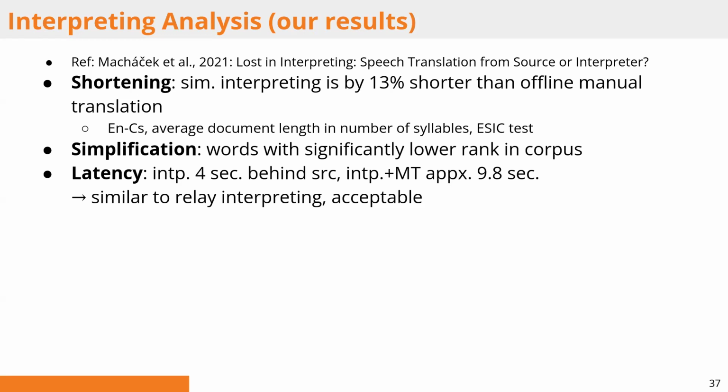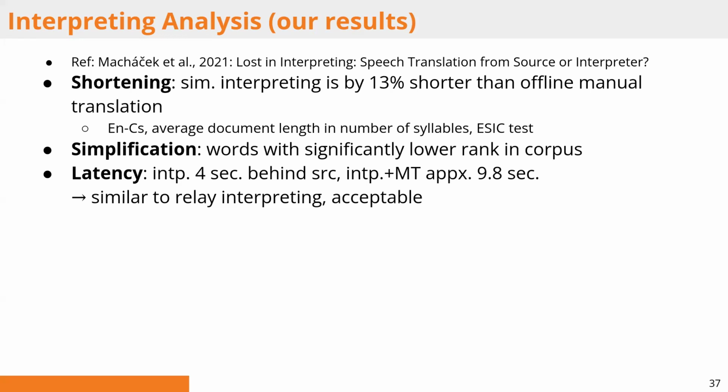So when we compare the words from the translations and from the interpreting, based on the occurrences in a big corpus in Czech, and we have a set of these ranks, these two sets, the set from the interpreting and from translation, are significantly different.